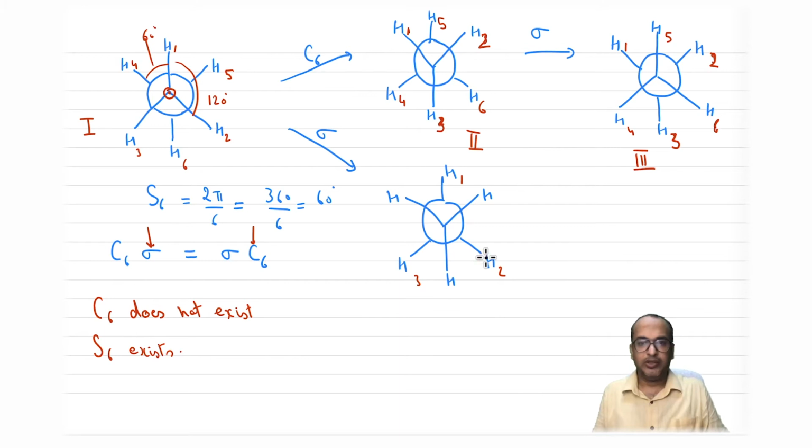So 1, 2, 3. That's why I said the numbering has to be right. And this is my 4, 5, and 6. Now again you can see, let's say this is our fourth configuration. So first and fourth are not equivalent, so we can say that sigma does not exist.